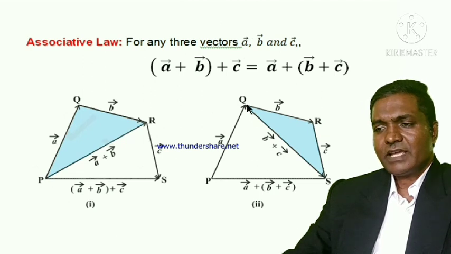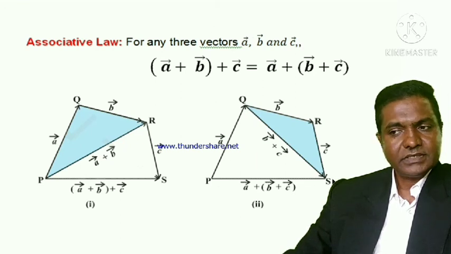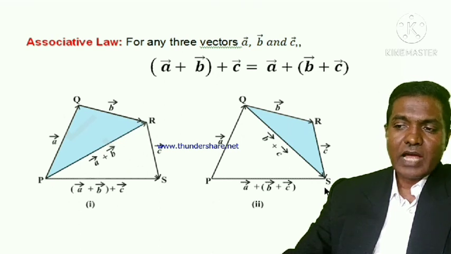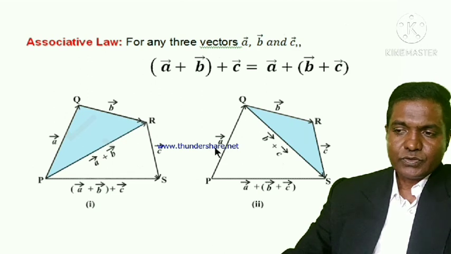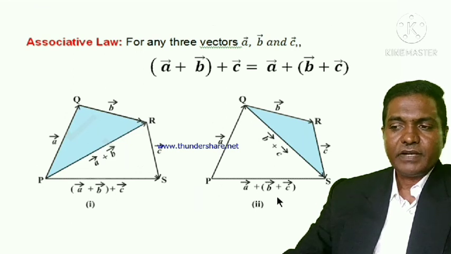Now you can see that vector PQ and vector QS are taken in the same order, so it is possible to add them. PQ, QS. The sum of these two will definitely be this vector PS, by the triangle of vector addition.